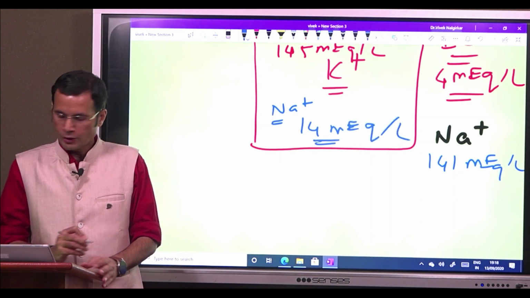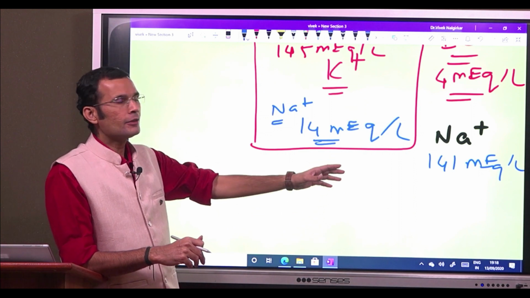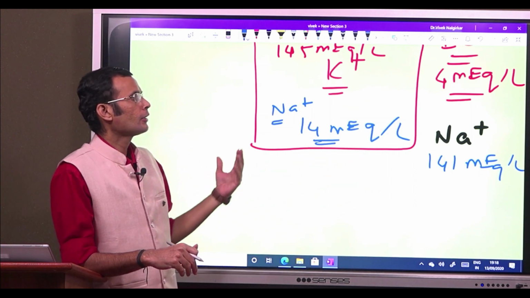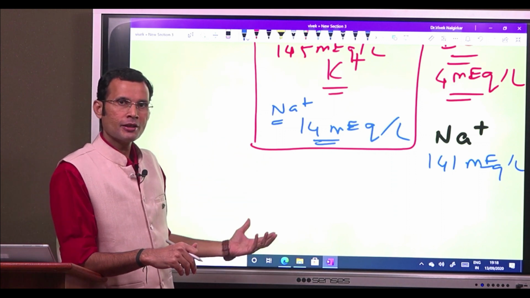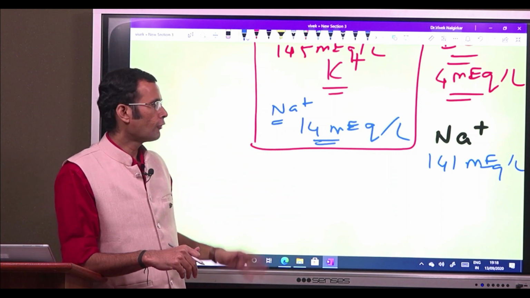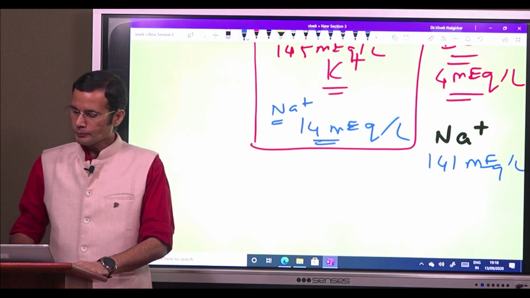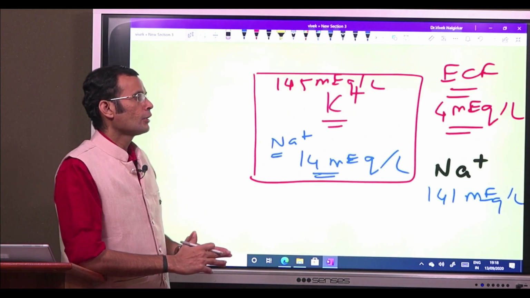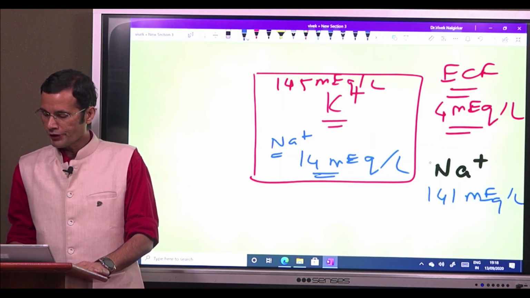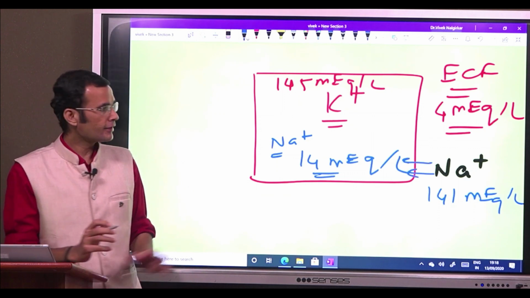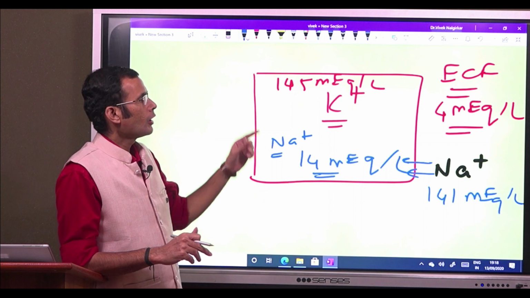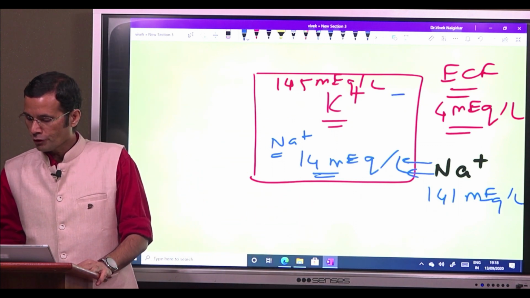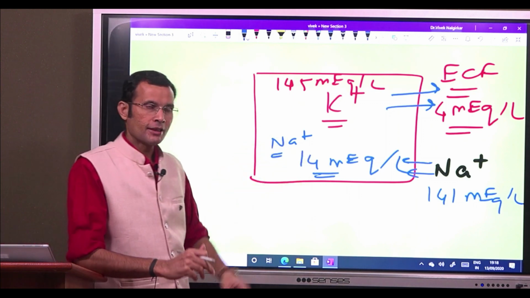So, 141 milliequivalents per liter outside the cells, or serum sodium, and intracellularly it's low, 14 milliequivalents per liter. The first point that I am trying to make here is that the sodium concentration gradient is from outside to inside of the cell, but the potassium concentration gradient is from inside to outside of the cell.